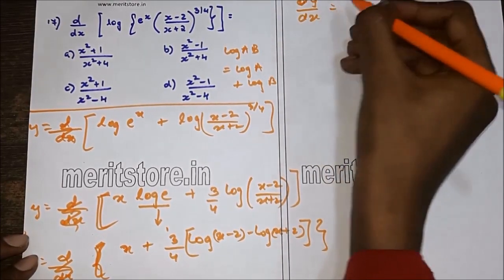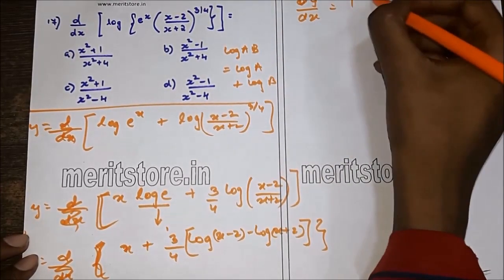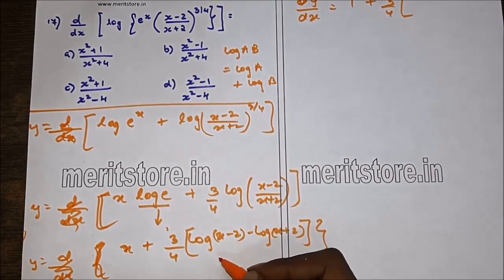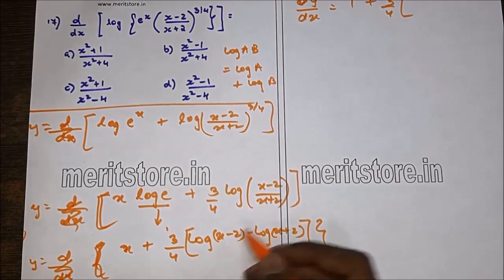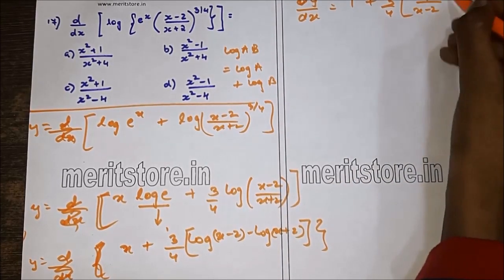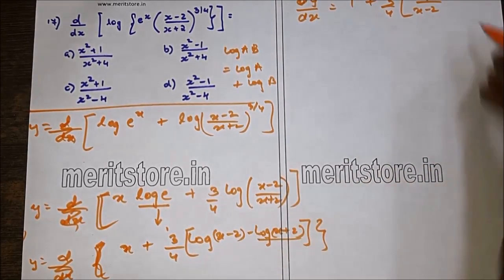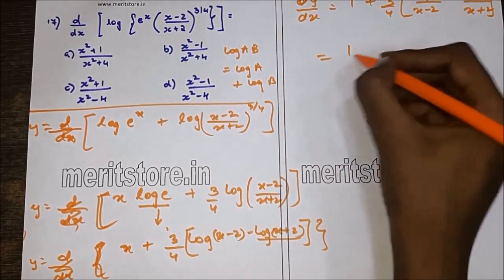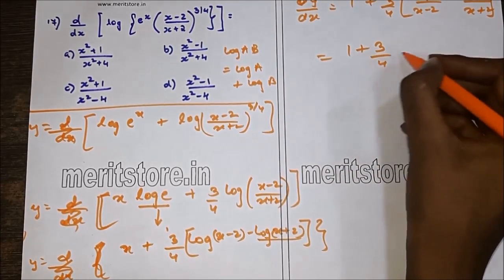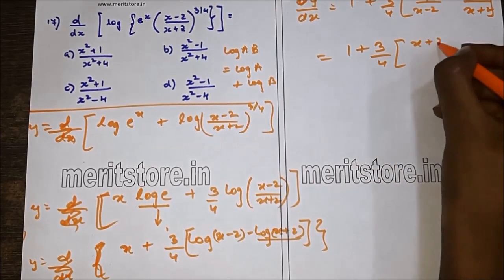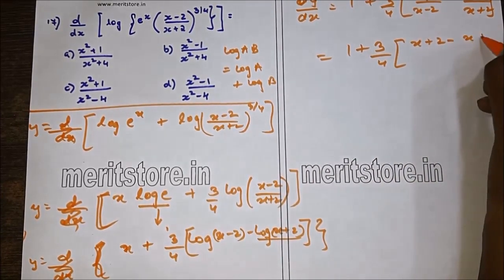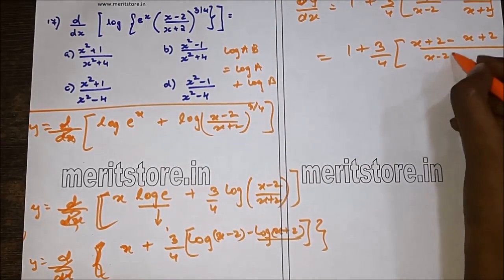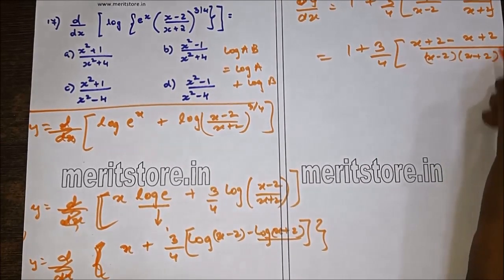So dy by dx is 1 plus 3 by 4 into differentiation of log of x minus 2, which is 1 by x minus 2, and for this term it is 1 by x plus 2. We cross multiply it, we get 1 plus 3 by 4 into x plus 2 minus x plus 2 upon x minus 2 into x plus 2.